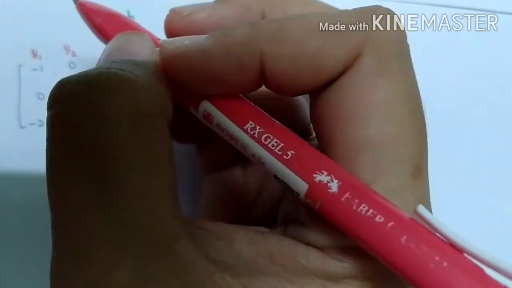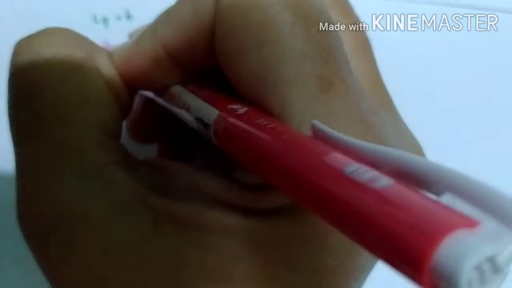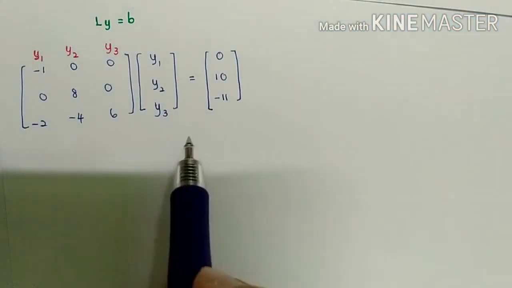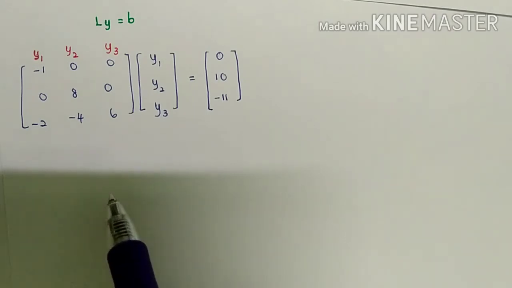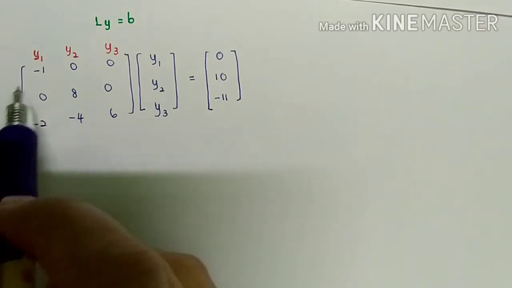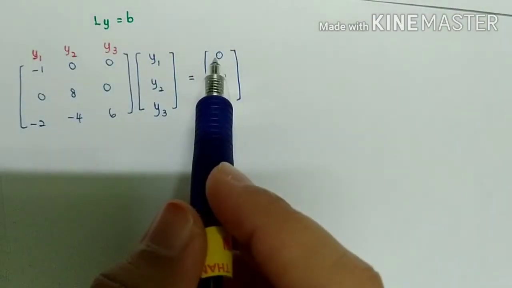Okay, the second column is for Y2, and the third column for Y3. So from this matrix equation, we can rewrite it as linear equations. We look at it row by row.